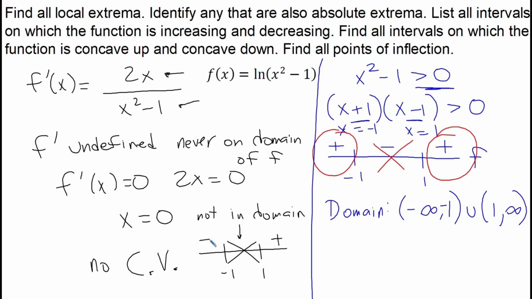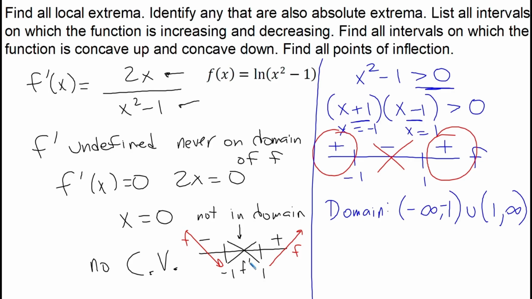So we'll get a negative, which will tell us that this function goes from decreasing, and then it has its giant discontinuity, and then it goes back to increasing. So f decreases, and then f increases, and we found that from our first derivative sign chart.